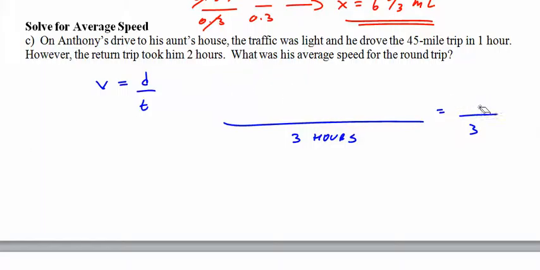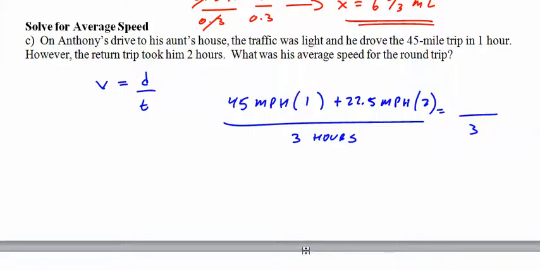Showing you just a little bit how difficult these are. 45 miles per hour, plus I know he was going 22.5 miles per hour. He was doing this for 2 hours. He was doing this for 1 hour. Divided by 3, and there's probably a better way to do this. Gives us 90 over 3, meaning he averaged 30 miles per hour.